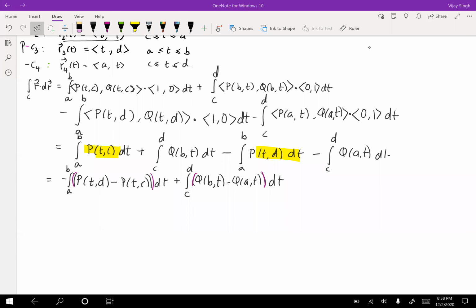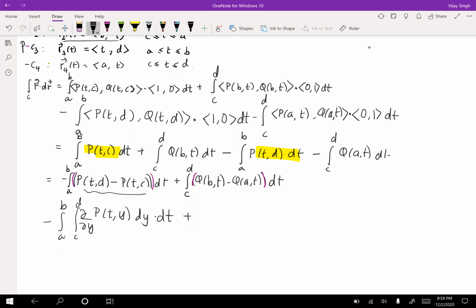But if you look at the inside object here, you can keep the minus A to B out. Now this can be seen as the integral from C to D of the partial derivative with respect to y of P(T,y), with respect to dy, then dt.